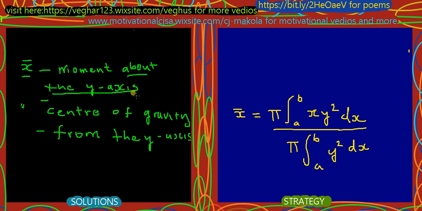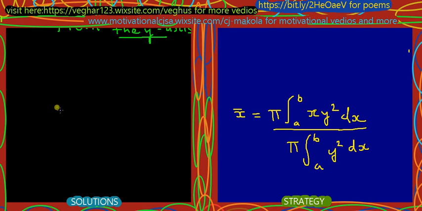These are the keys you have to know, that they are saying an x bar, so you choose the equation of an x bar.